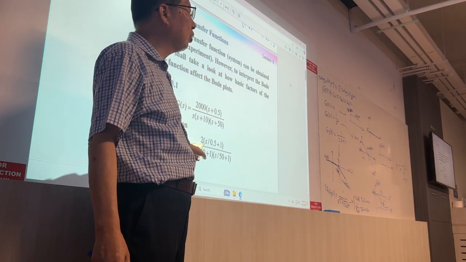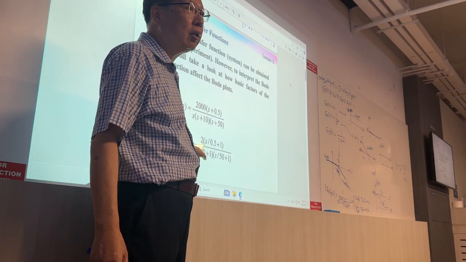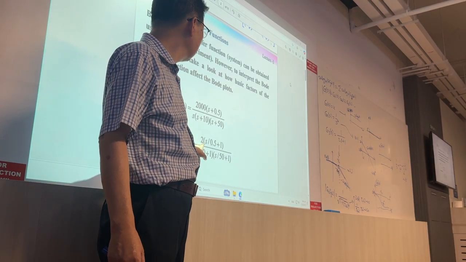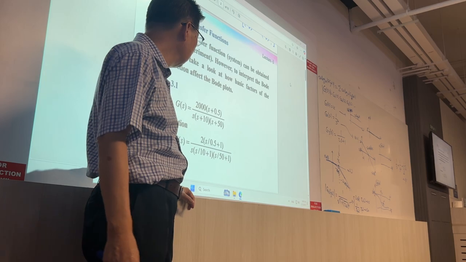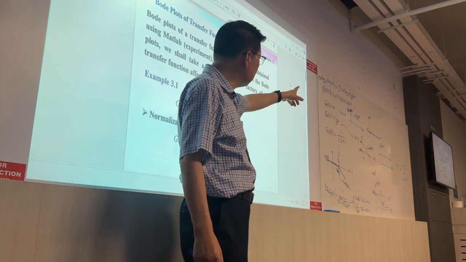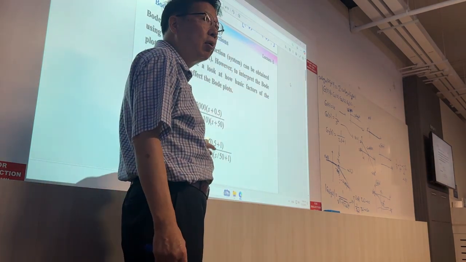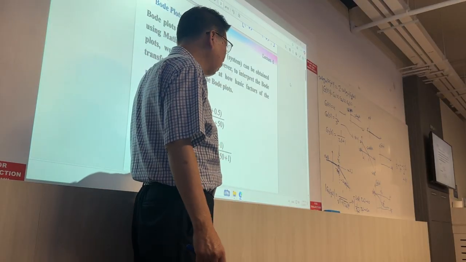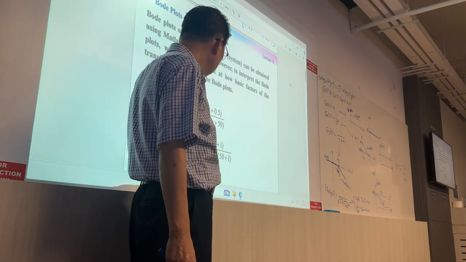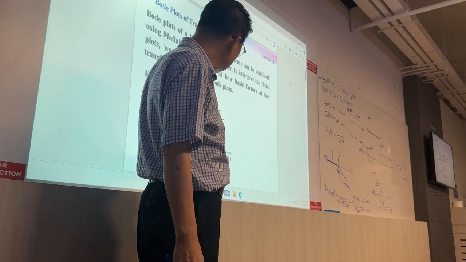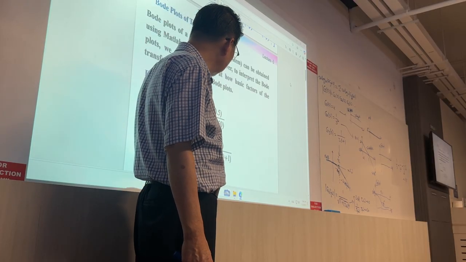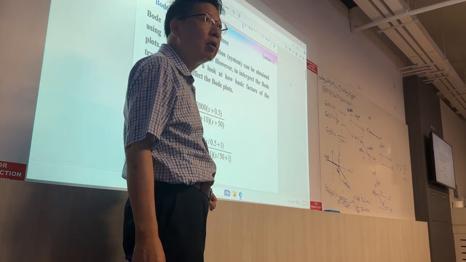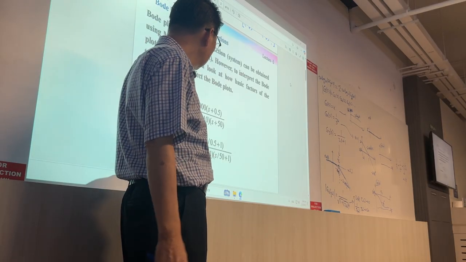Then you can see the coefficient. Here, K is 2. Okay? K is 2. Then we have the first order basic factor in the numerator, and then the 1 over s, and then another basic factor, and another.